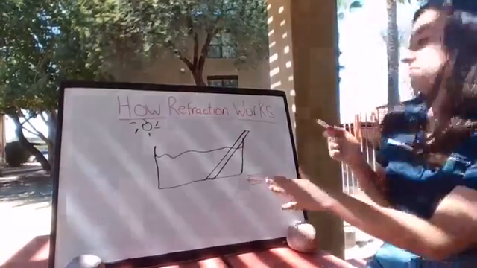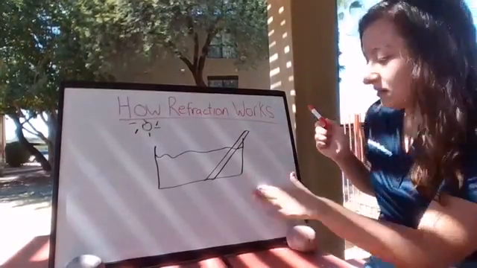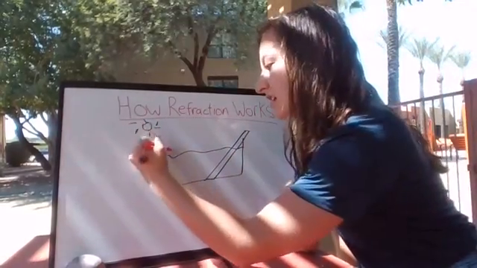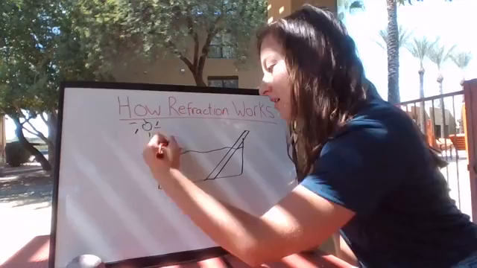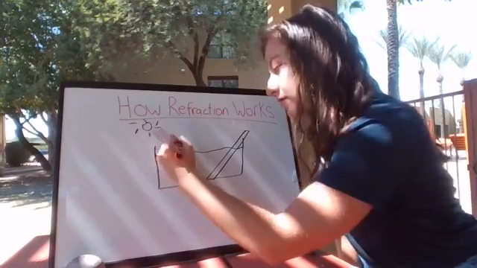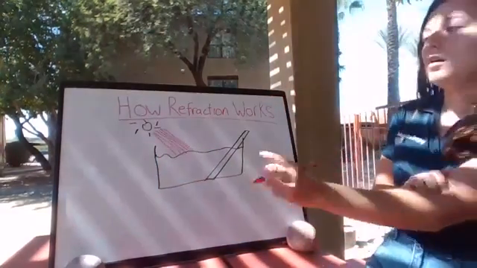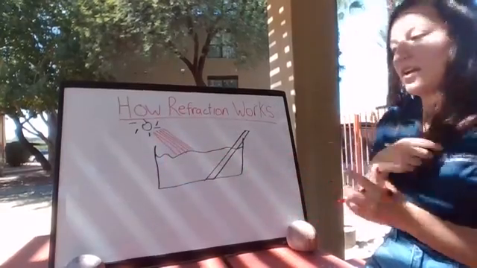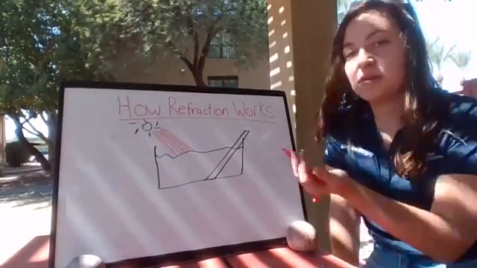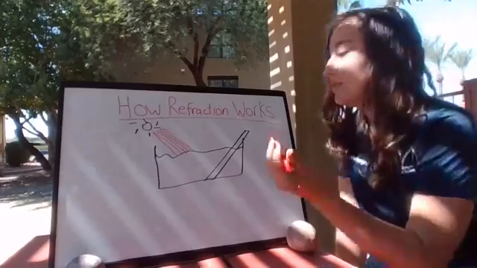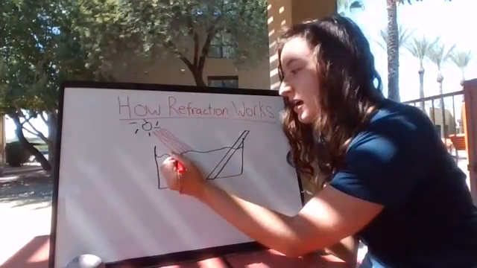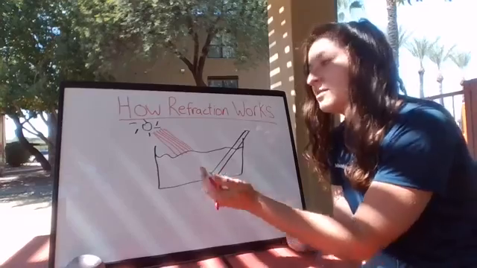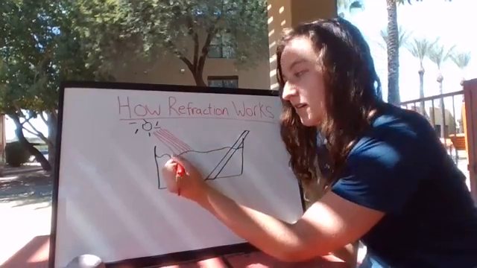Okay, so the light comes in very close together, all at one angle, right? And then it hits water. And because of what we know about refractive indices, we know that it's going to have a different angle than it did before when it was in air.